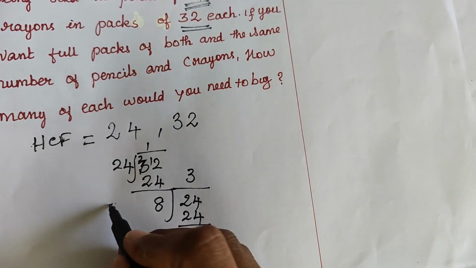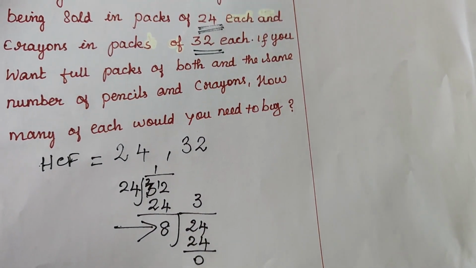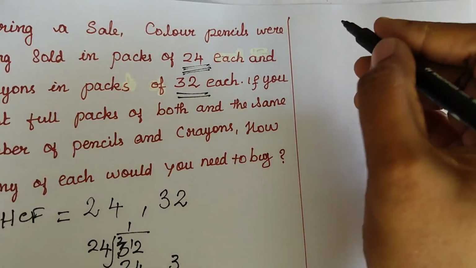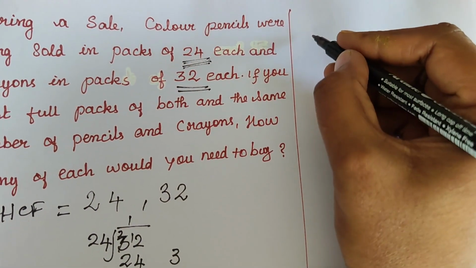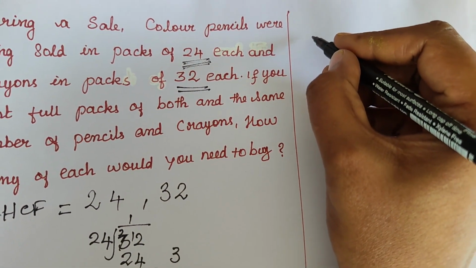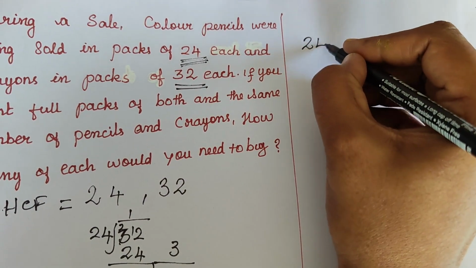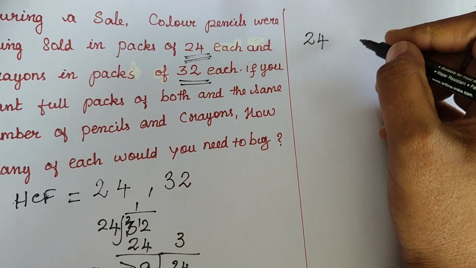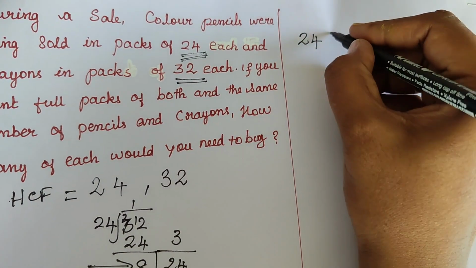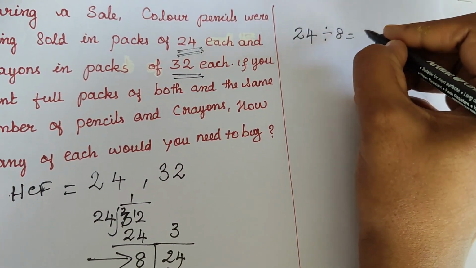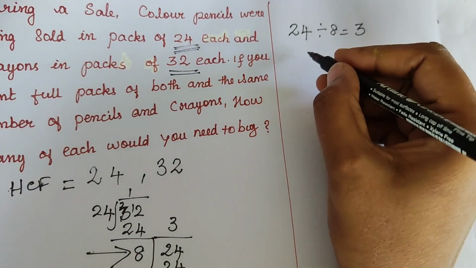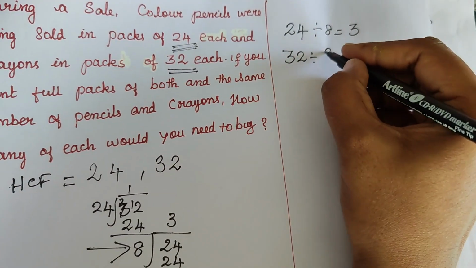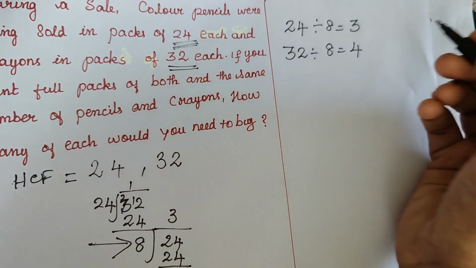So the HCF is 8. Now, using this HCF, 24 is the number of color pencils in each pack. 24 divided by the HCF you will get 3, and 32 divided by 8 you will get 4.